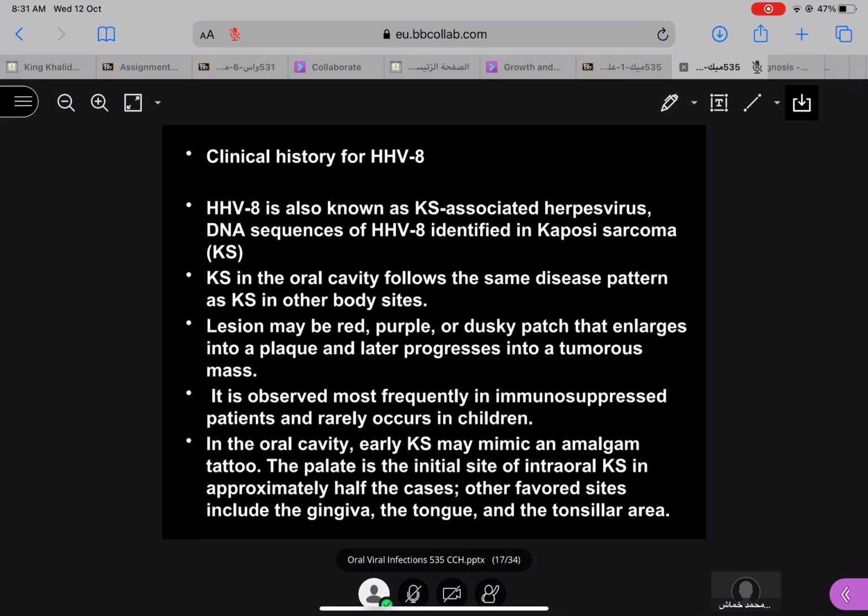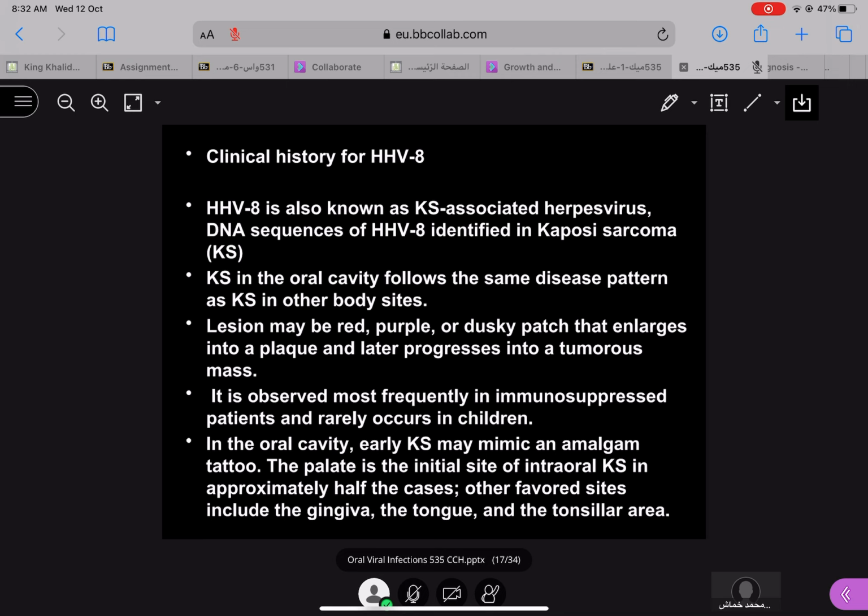In the oral cavity, early KS, or human herpes virus 8, mimics, what they call it, a tattoo. Some people get tattoo, and because of that, they might get the infection.